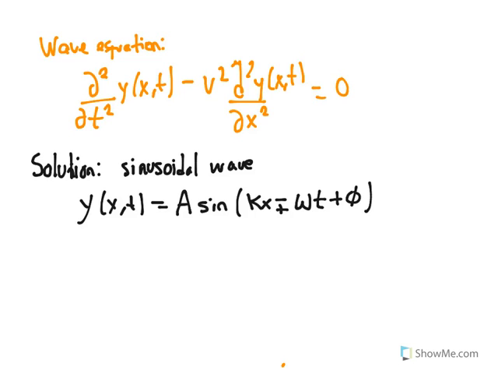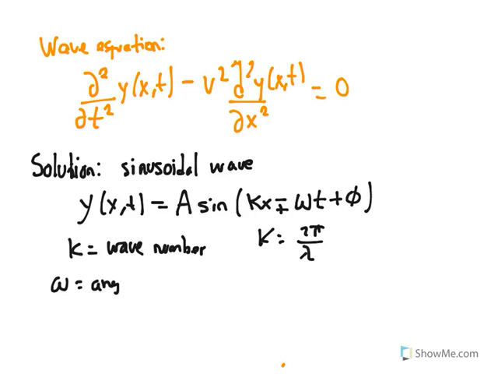Now, in this equation, k is going to be equal to the wave number, the amount of radians per meter, and this is given as 2π over lambda, while omega is, of course, the angular frequency. This angular frequency omega is, as always, given as 2π over the period, or 2π times the frequency.